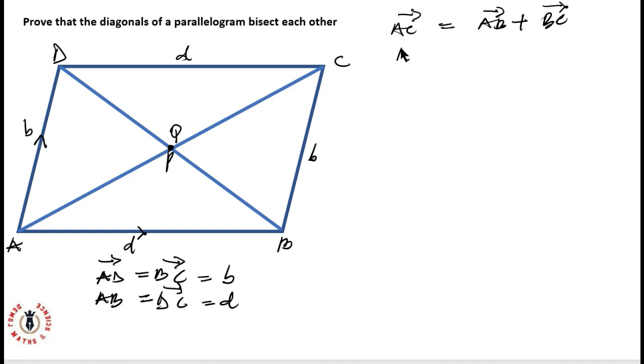So that AC automatically will be the same thing as D plus B.